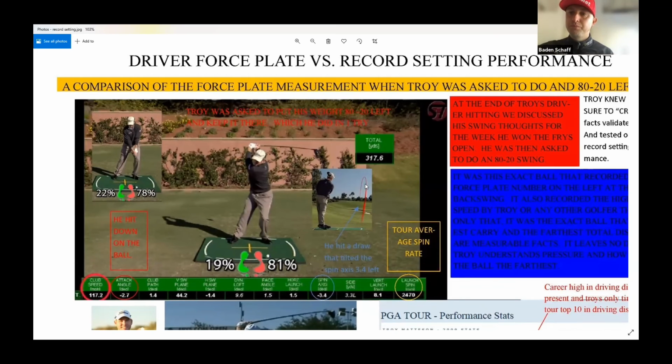Here's Troy Madison. Mike and Andy were asked to do a DVD. This was their second DVD, and they had, I think, 15 tour players there. Troy hit the longest ball that day at tour average launch with 81% of his weight forward at P4. He tried to do an 80-20 swing.